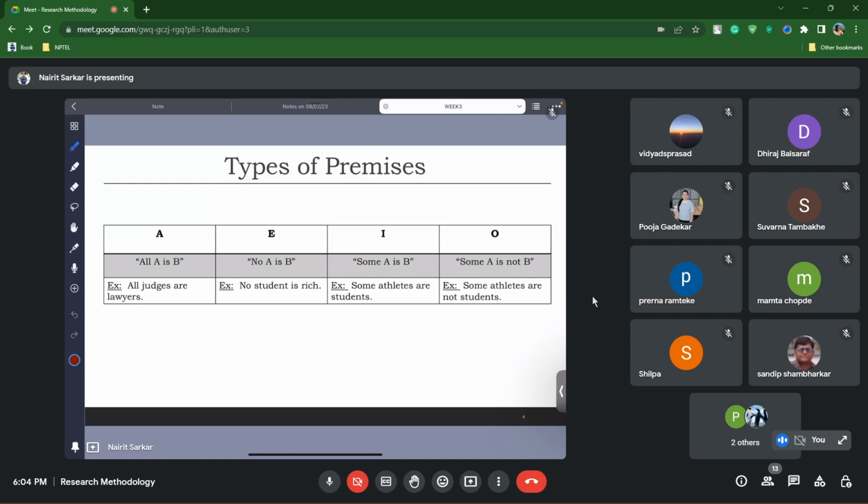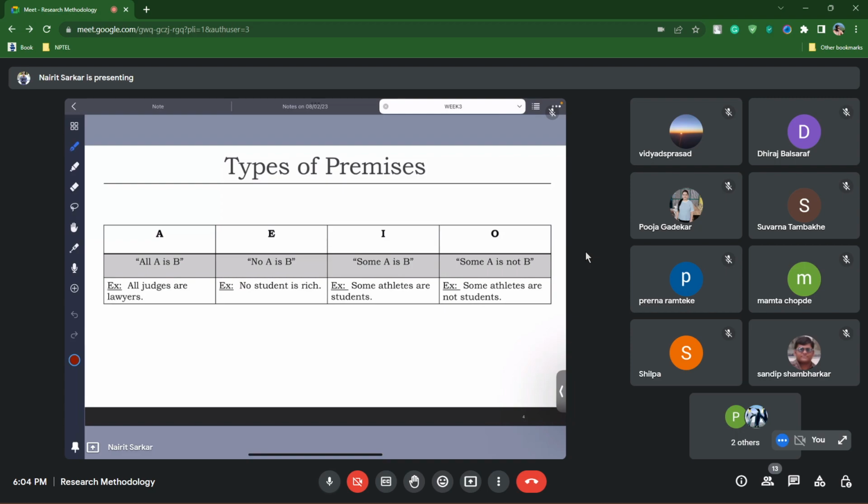Everyone should remember the types of premises we discussed in the previous class: A, E, I, and O. You have to remember these four types for the Venn diagram.